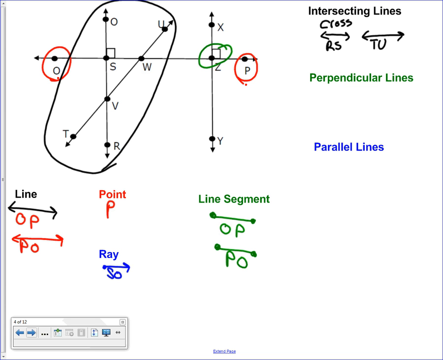Just like the edge of a piece of paper, the corner of a piece of paper. So two perpendicular lines could be lines YX and, let's just call it, WP. That's how we draw perpendicular. So where YX and WP meet, it forms a square angle. So that way I know it's perpendicular.